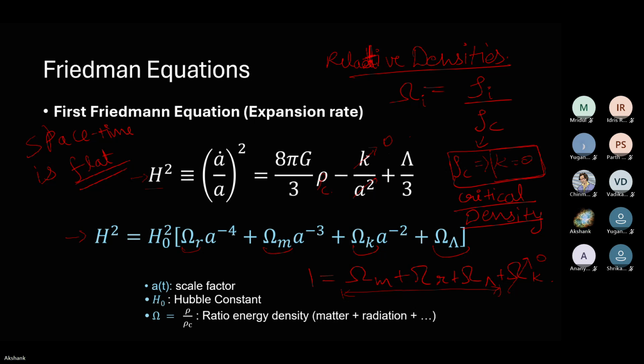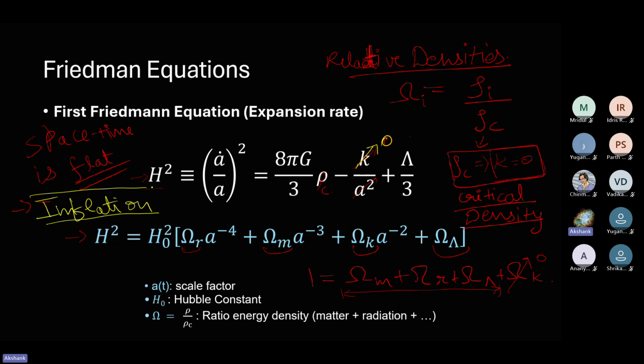Okay. And people have theorized an early expansion of the universe called inflation to cause k to go to 0. Okay.